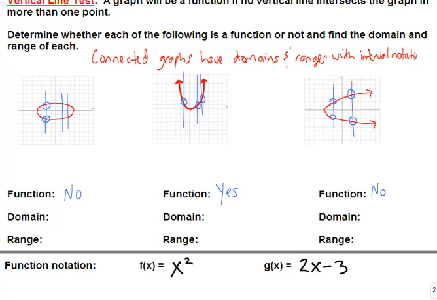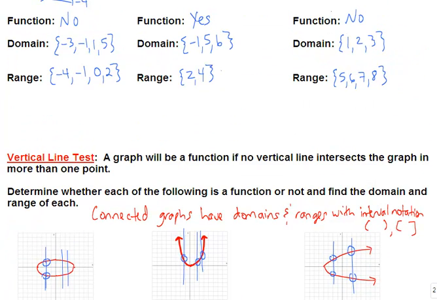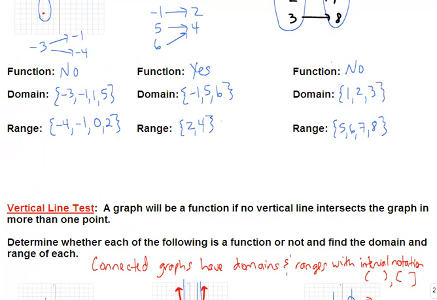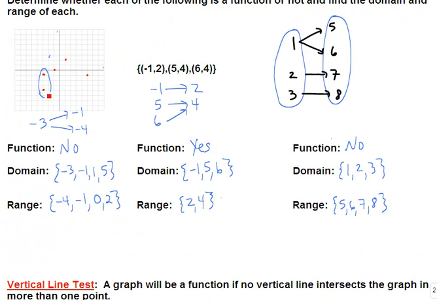So remember, interval notation uses parentheses or brackets. When we did our previous examples up here, these were not connected graphs. If you look over here, we just had a bunch of dots. So when you have disconnected graphs, then your domains and ranges should be sets.